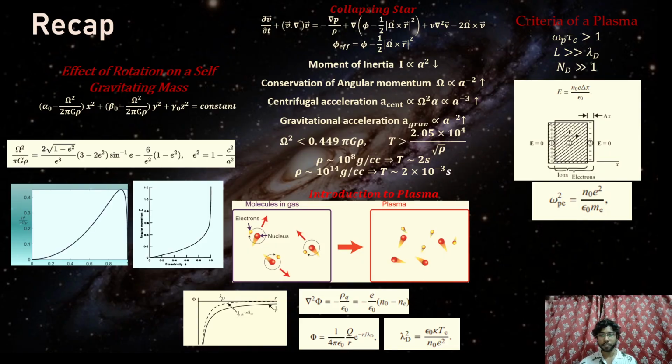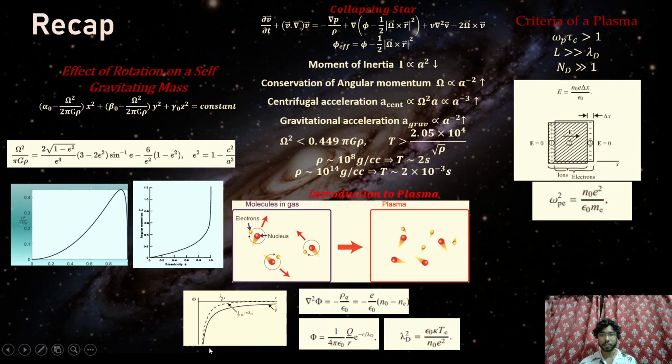So we did a pretty exhaustive calculation in the previous week where we said that del square phi, the electric potential, is just Gauss law, right? The del square phi is rho by epsilon naught, rho is given by n naught minus n e, n naught is the ion number density, n is the electron number density, and by solving this equation, we found the solution to be phi equals to like this.